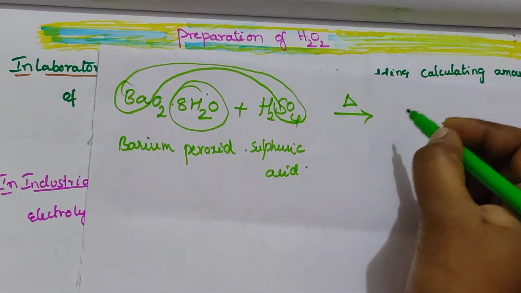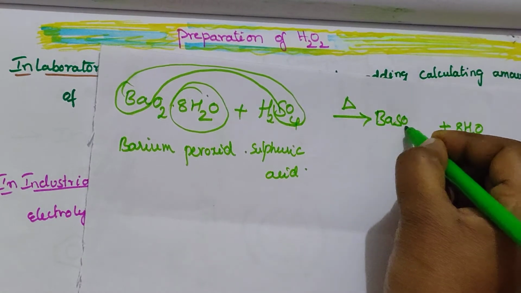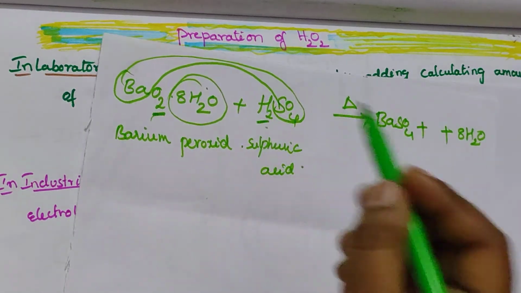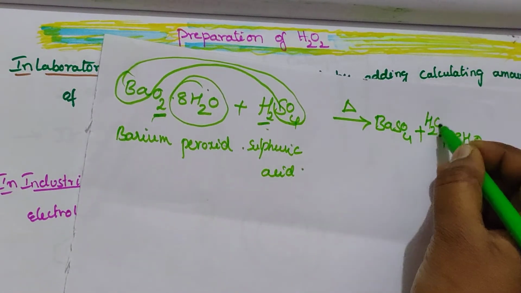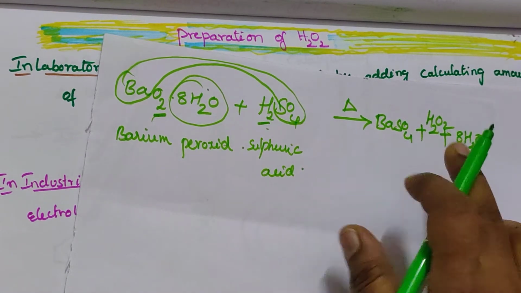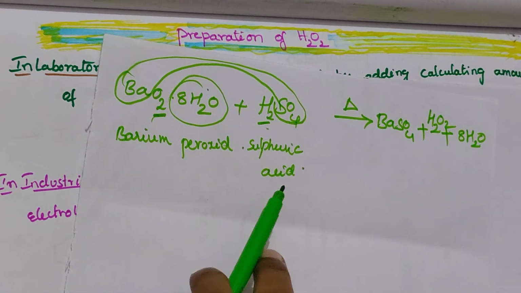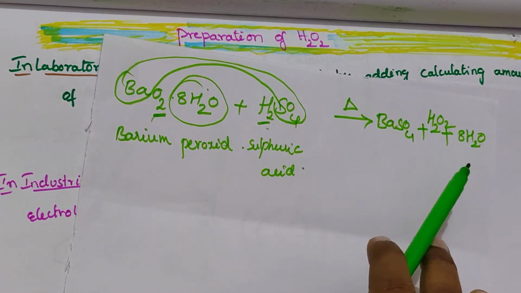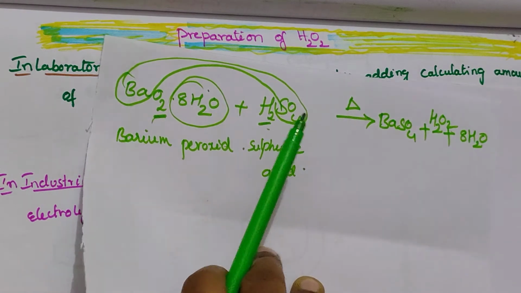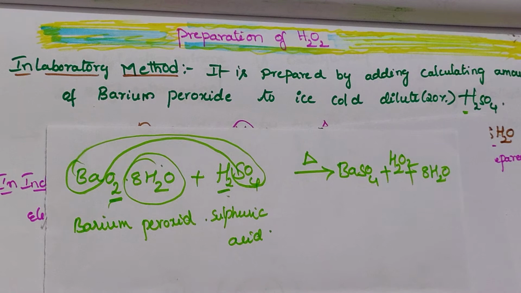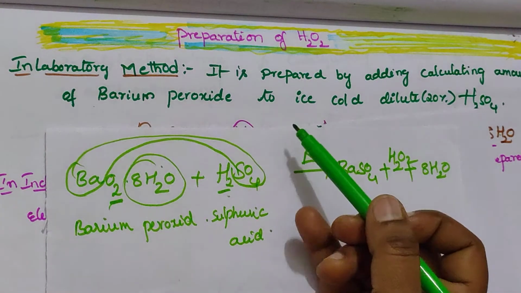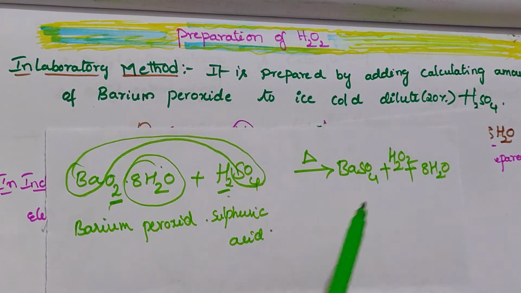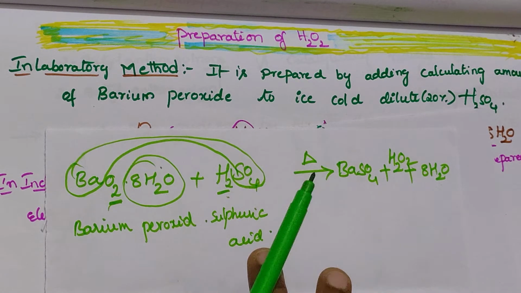Barium forms barium sulfate, plus the remaining 2 oxygens and 2 hydrogens, that is H2O2. Barium peroxide is treated with sulfuric acid to give hydrogen peroxide and barium sulfate, and 8 moles of water molecules are liberated. In the laboratory method, it is prepared from a calculated amount of barium peroxide and ice cold dilute 20% H2SO4 to form hydrogen peroxide. This is the laboratory method.